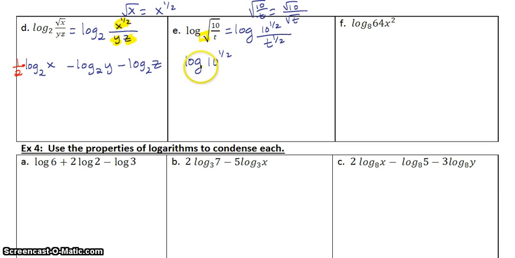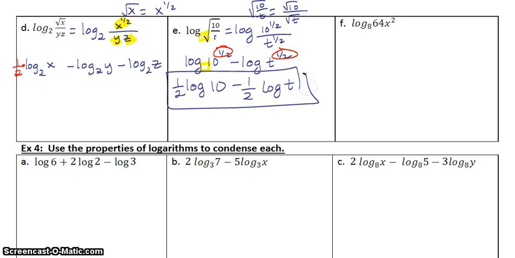So when I write my log each time, there's nothing there that I'm going to write. And then the part on bottom is negative. Last but not least, move your exponents to the front of each statement. So I've got 1/2 log 10 subtract 1/2 log t. Alright, I guess that wasn't that difficult.